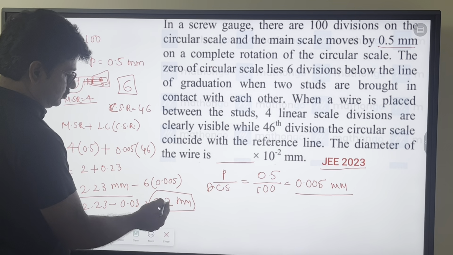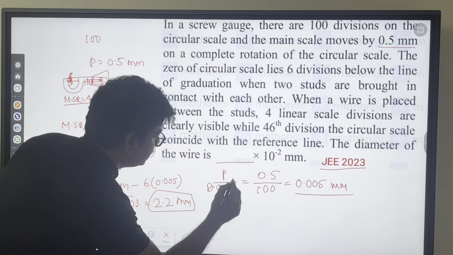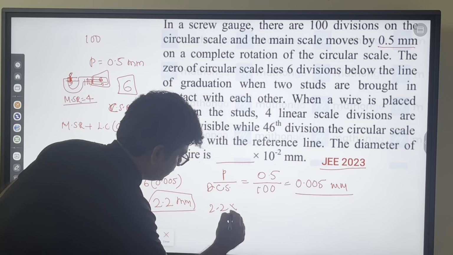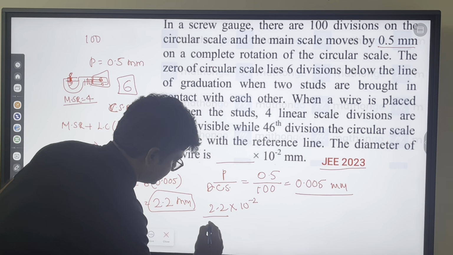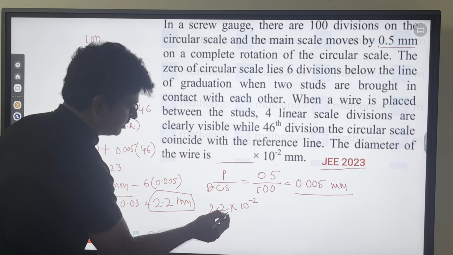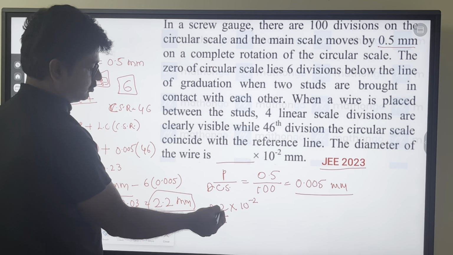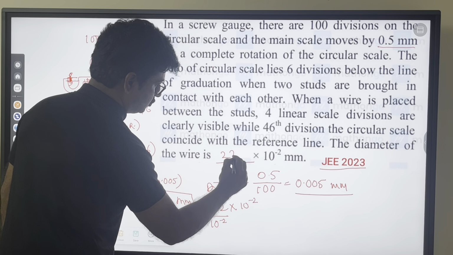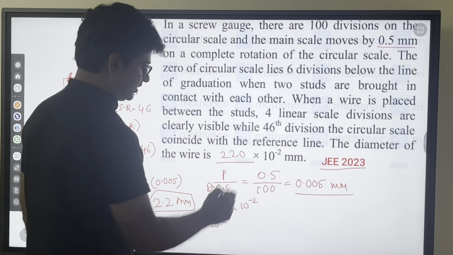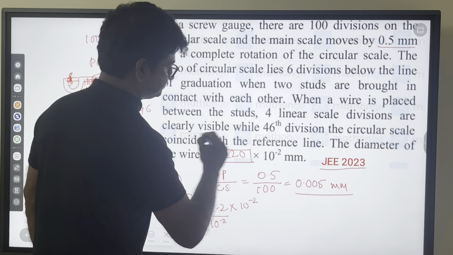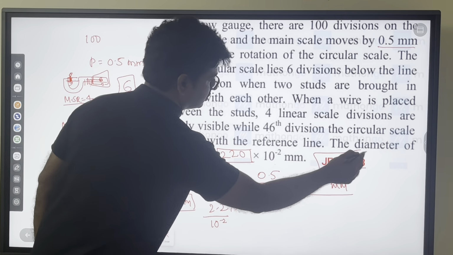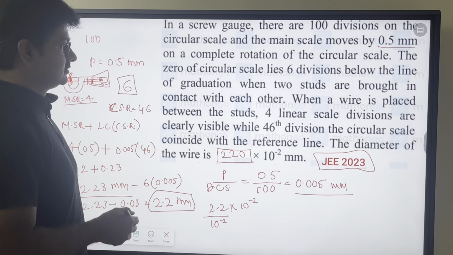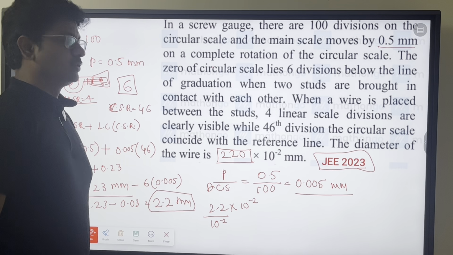So 2.2 into 10 power minus 2 means I can divide by 10 power minus 2. So this becomes 2.2 into 100, therefore 220 into 10 power minus 2 mm. So this is the answer. This appeared in JEE 2023. So these are some JEE questions related to screw gauge and vernier calipers.